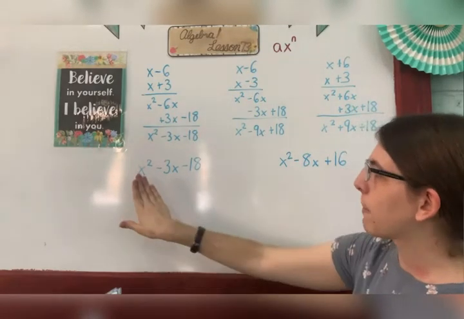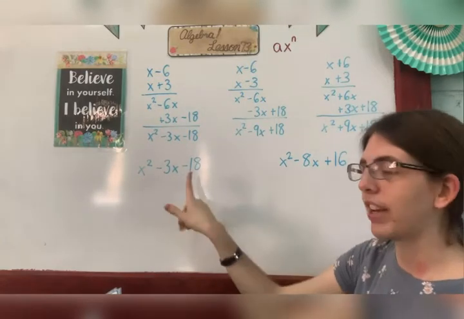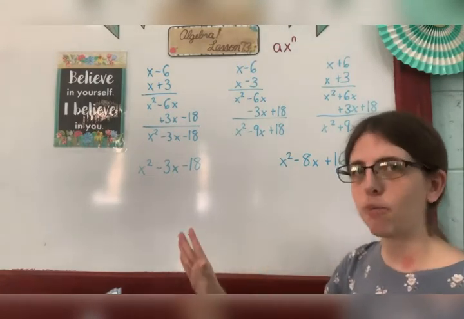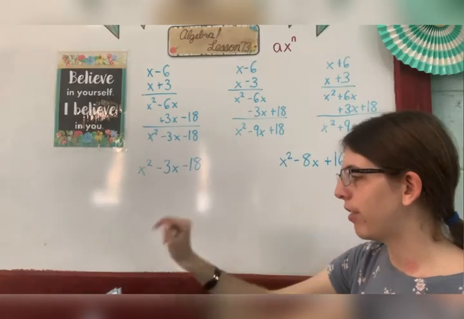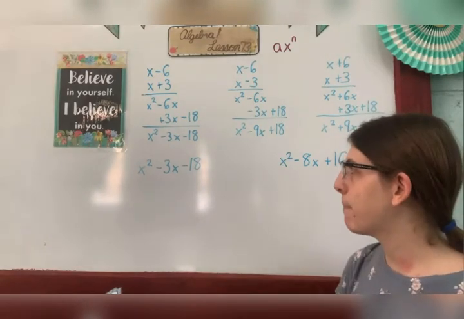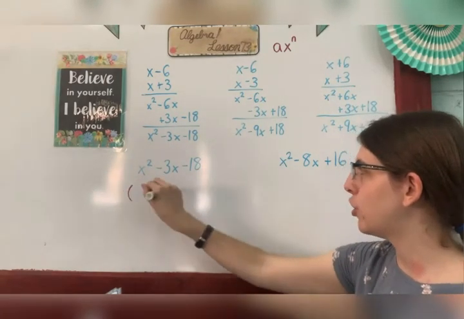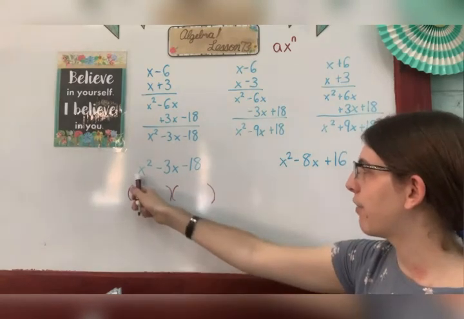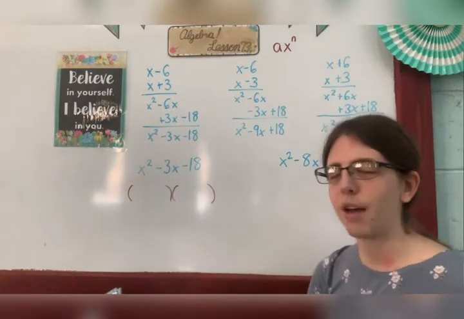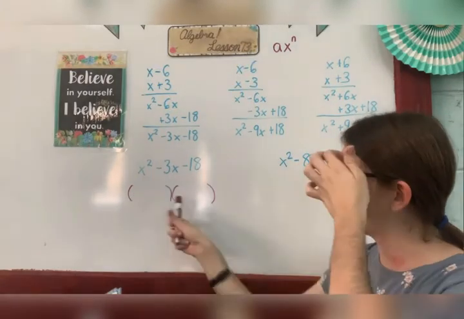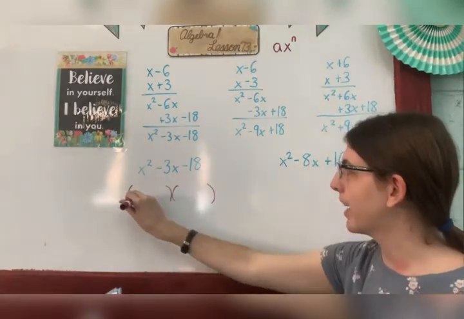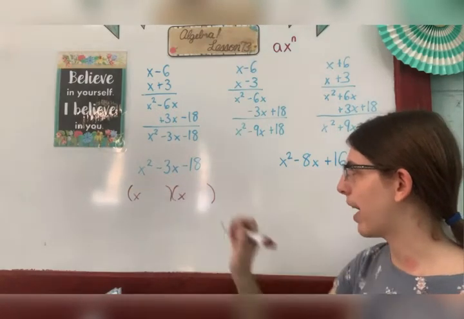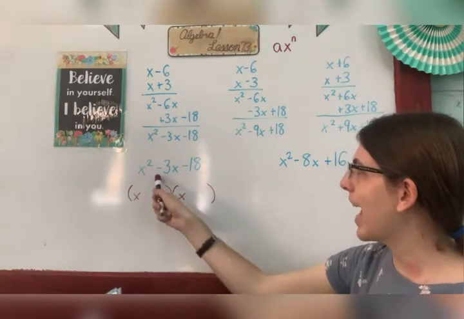If I wanted to work backwards from this trinomial to find out what 2 binomials made this trinomial, this is what I do. I set up my parentheses to represent my 2 binomials that I'm multiplying together. Now I know that the first term is the multiplication of the first terms of the binomial. So x times x would get me x squared. Now I have negatives here.